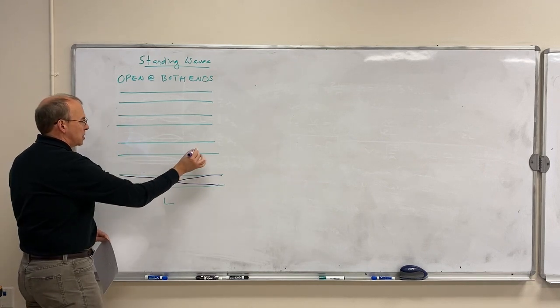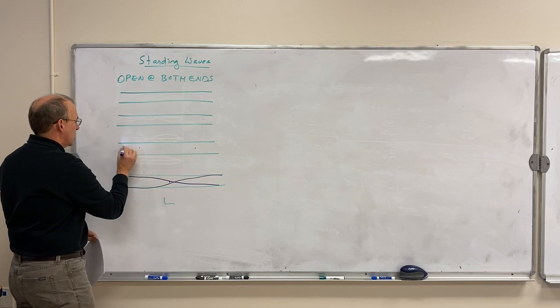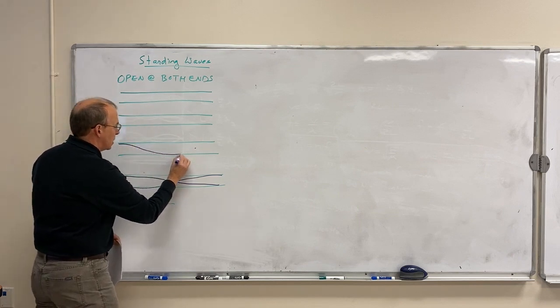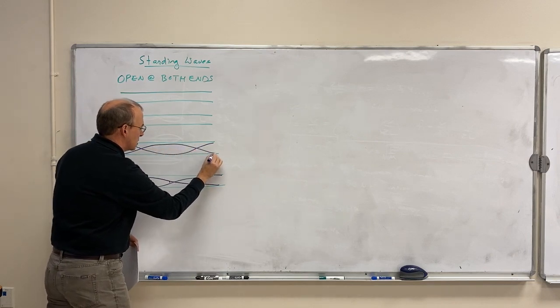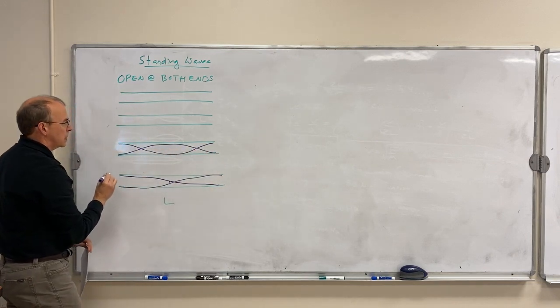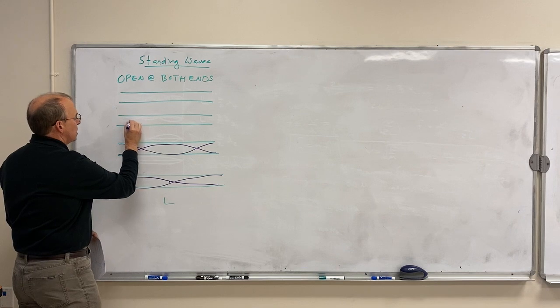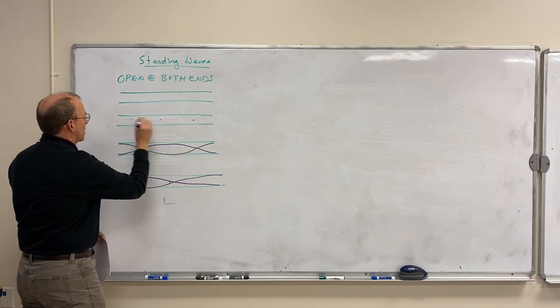And the next possibility with an antinode at each end looks something like this. The next possibility like this.